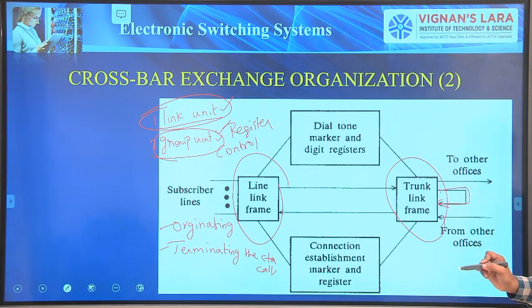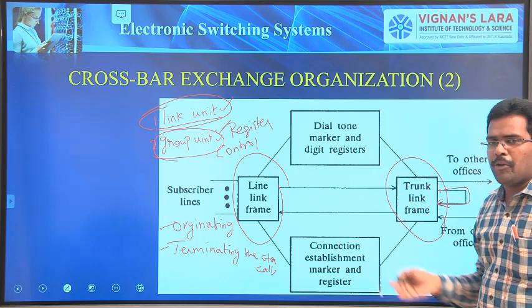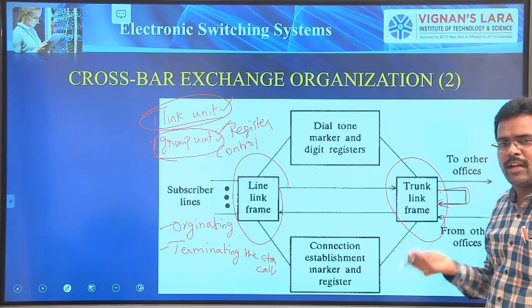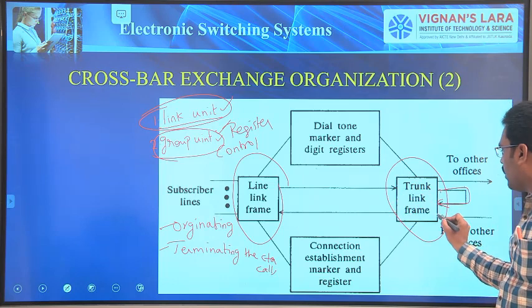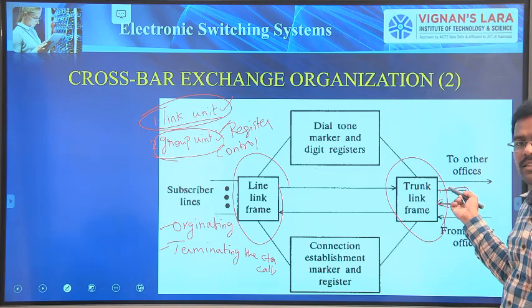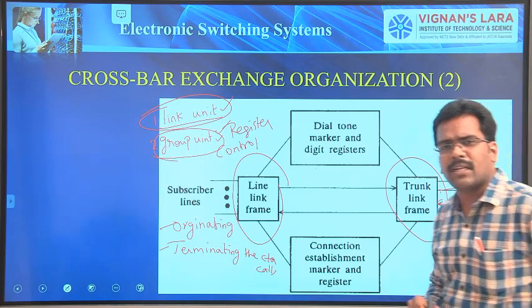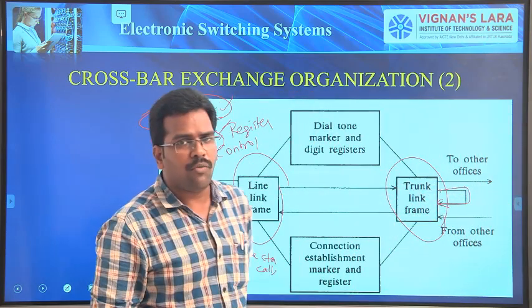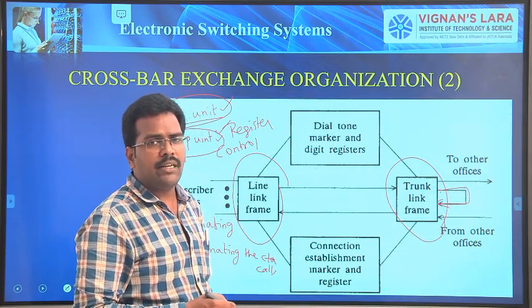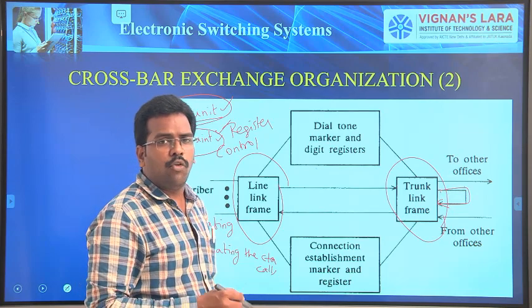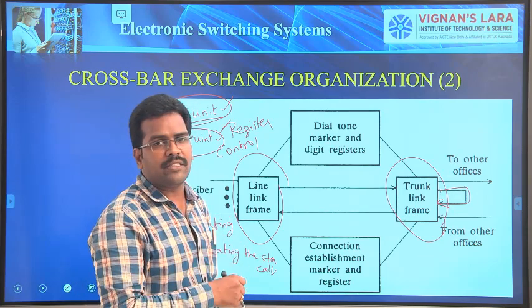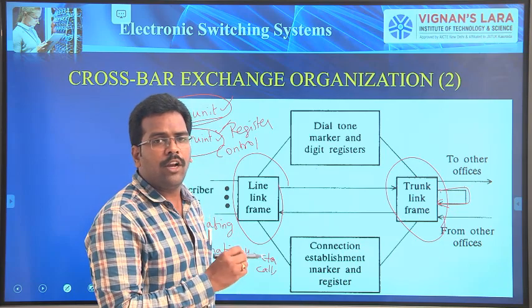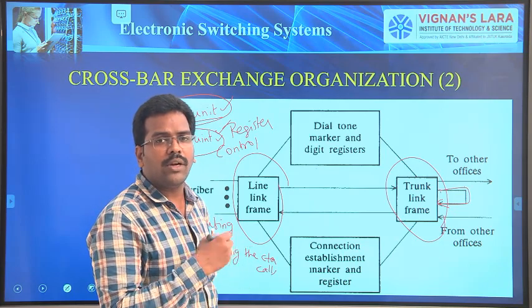That means with the help of these group units, we can establish connections for the same exchange subscribers as well as for subscribers outside the exchange, called non-local subscribers. That's the advantage of using a folded network. Already we've seen folded and non-folded. The folded networks are used to establish connections for local subscribers, and non-folded for non-local subscribers.